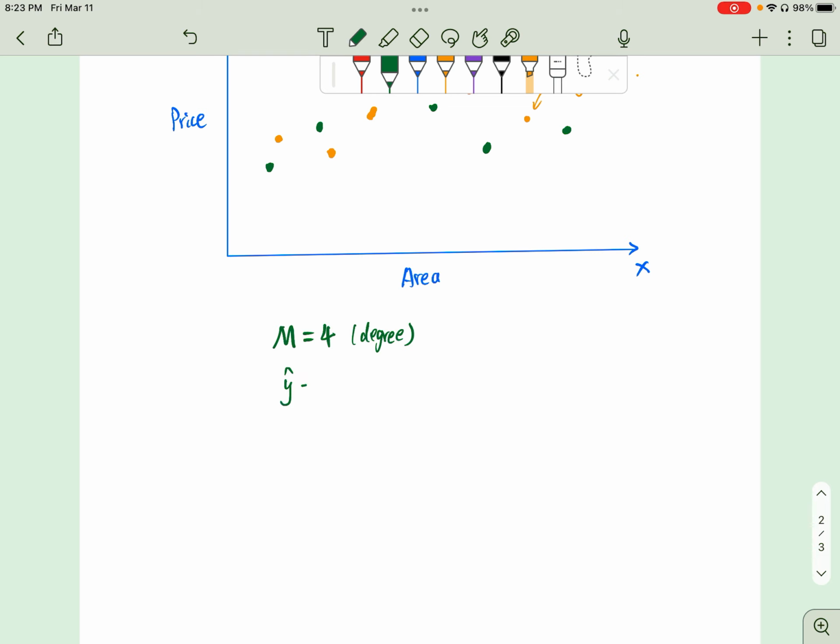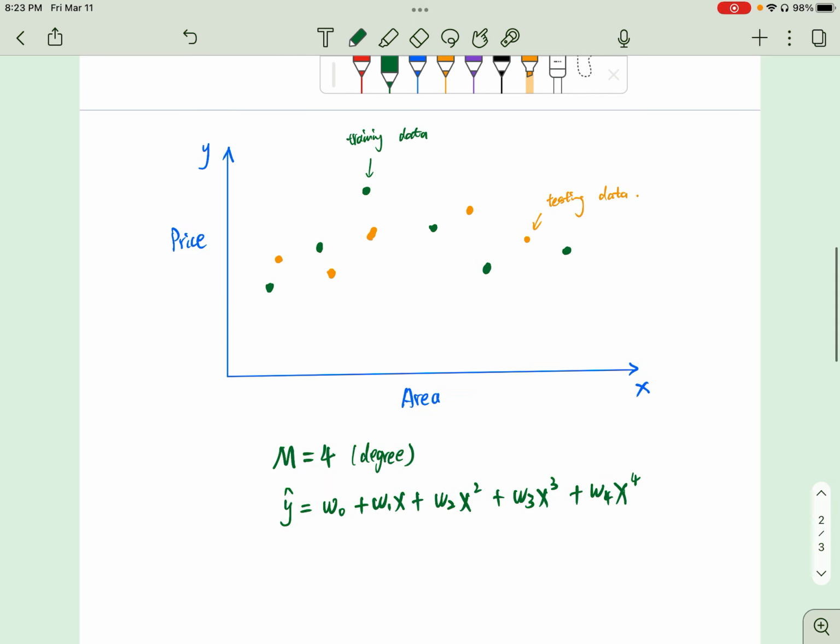And the model we choose is like this: y hat equals omega 0, this is the bias term, plus omega 1 x plus omega 2 x squared plus omega 3 x raised to the power of 3 plus omega 4 x raised to the power of 4, because we choose 4-degree polynomial here.